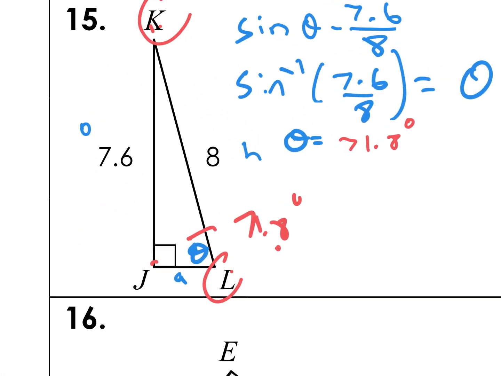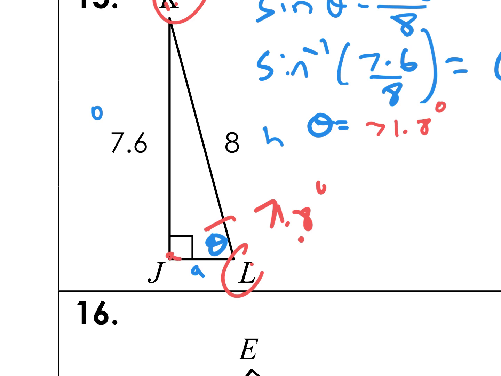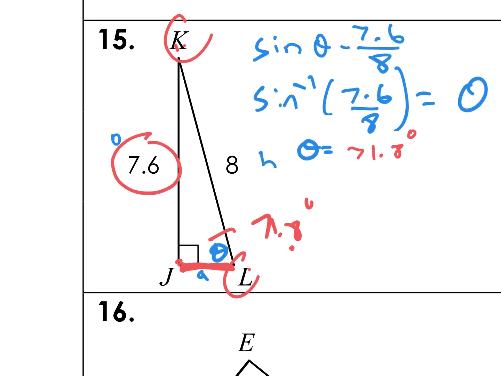All I'm missing is a side. JL is the bottom, right here. So what trig function uses the two numbers that they gave me? I do need an angle. Which angle do I need to use? L, because it's written right here, 71.8. What I'm looking for is this side, the adjacent, and I can use the hypotenuse.